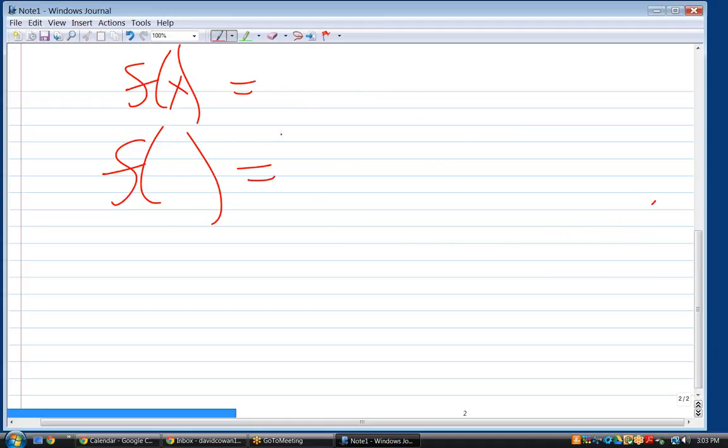F of x equals -2 times 3 to the x for x equals 1/3. So here we're going to do -2 times 3 to the 1/3. What does 3 to the 1/3 mean?